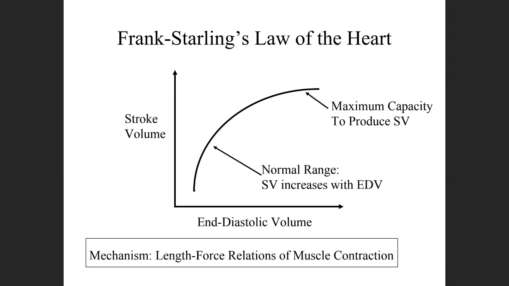Beyond that maximum capacity, there's no further increase, and there may be theoretically decrease in stroke volume. This should be familiar to you, and I'm sure you met it in the preclinical lectures.